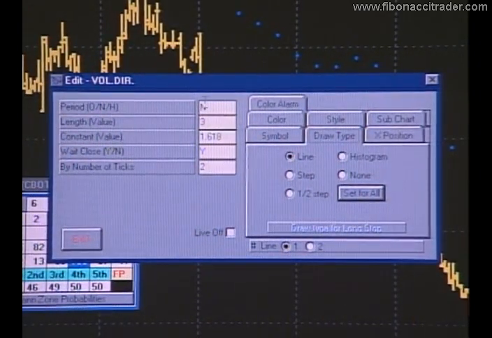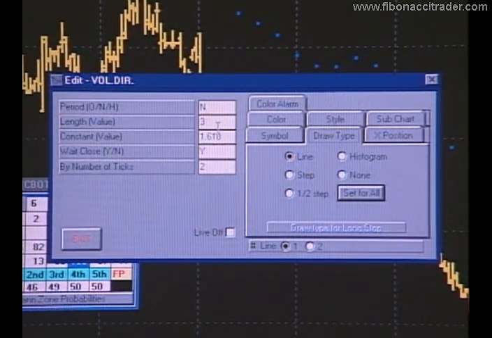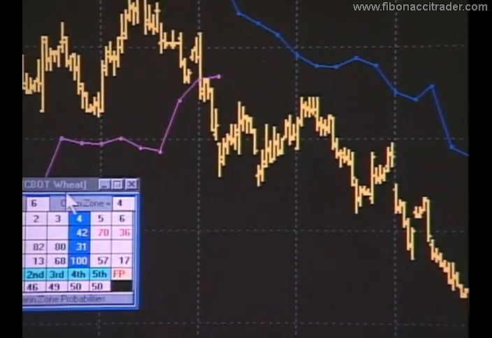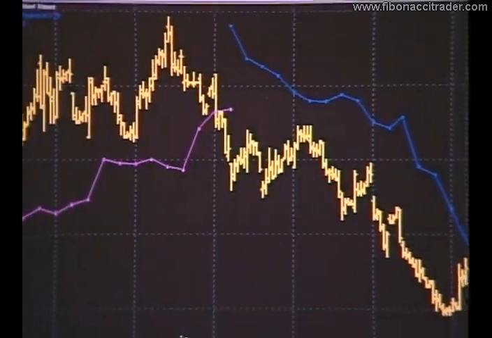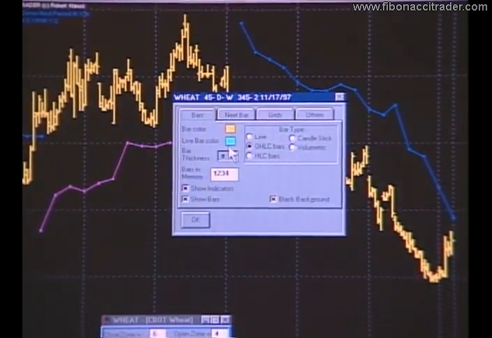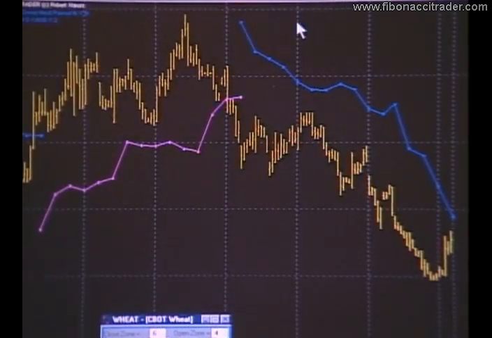You can see this is the calculation we worked out. Next time period up. The length was 3, number of days. Constant value was 1.618. We're waiting for the close by 2 ticks. Exit, and there we are. You have just done it. The bars are a little too thick, so we can see it clearer at 1 pixel.